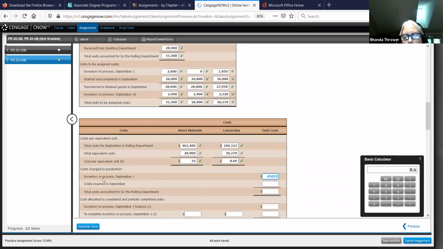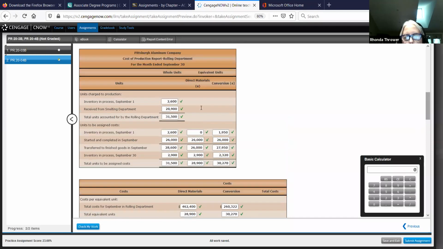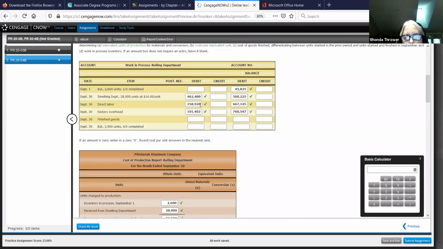To that, I'm going to add all of the costs that I incurred in September. And the costs that I incurred in September are going to be your materials cost, your labor, and your factory overhead. All three of these combined are the total costs that you added to this $45,825.